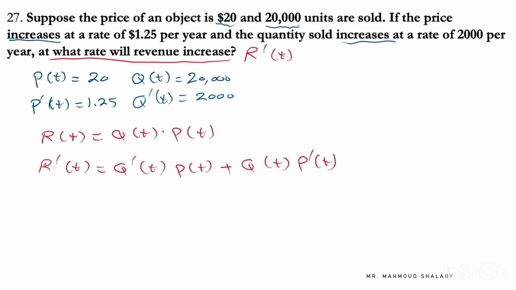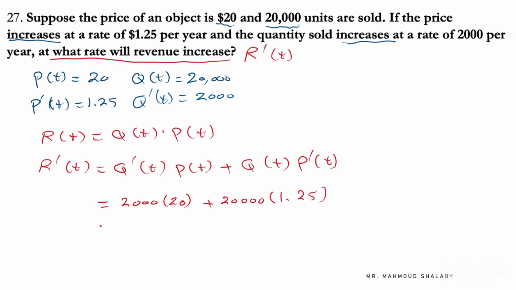So this is the product rule. You can just do this directly, and even just write the information that you have and head to this directly. And I will just directly substitute q prime of t is 2000 multiplied by p of t, which is 20, plus q of t, which is 20,000 multiplied by p prime of t, which is 1.25.